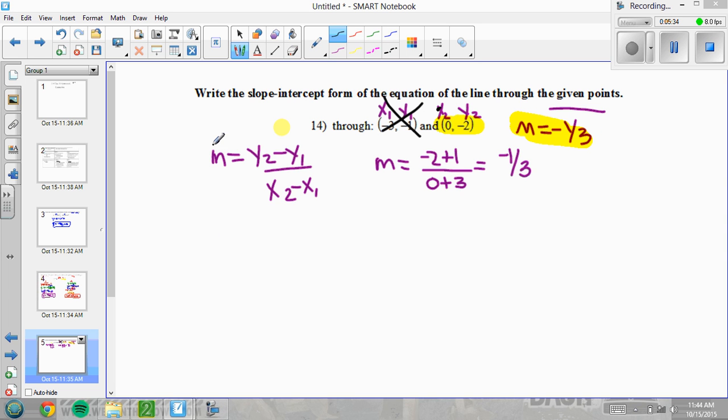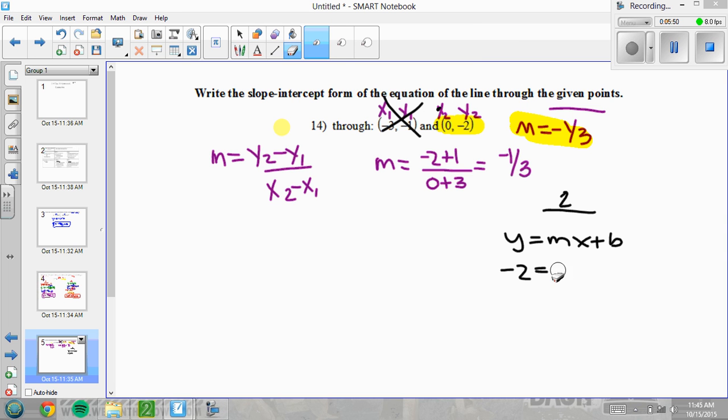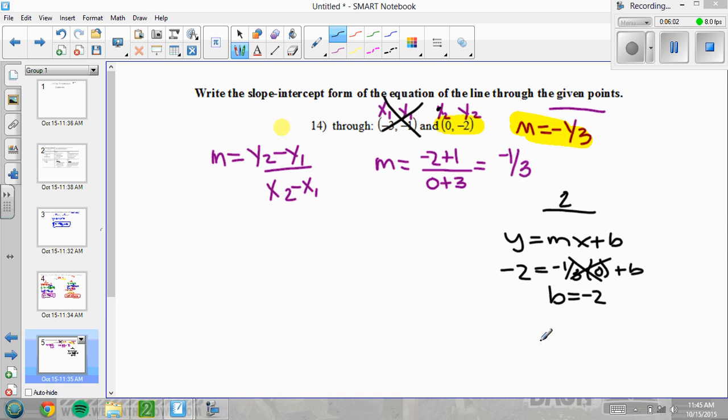I'll do slope-intercept form first this time. We have y equals mx plus b. So negative 2 equals my slope, negative 1/3, times x, which is 0, plus b. Anything times 0 is 0, so b equals negative 2.